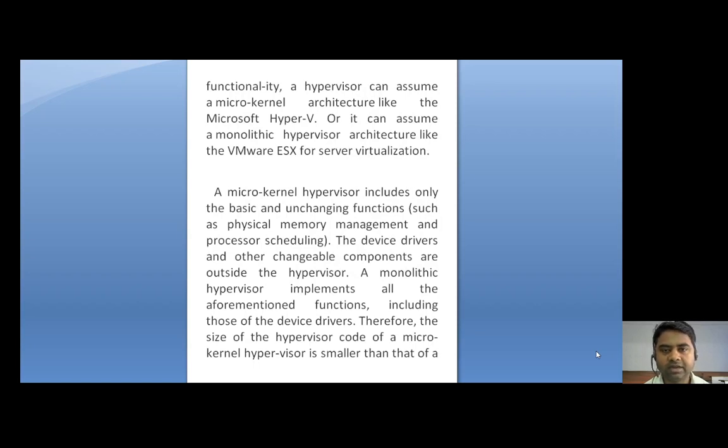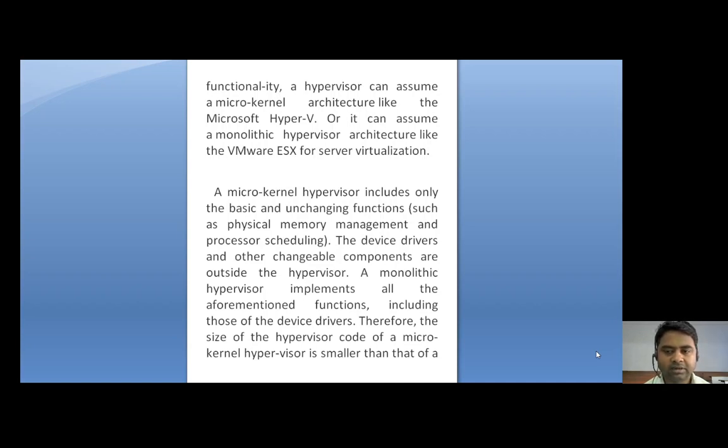Depending on the functionality, a hypervisor can assume a microkernel architecture like Microsoft Hyper-V, or it can assume a monolithic hypervisor architecture like VMware ESX for server virtualization. A microkernel hypervisor includes only the basic and unchanging functions, such as physical memory management and processor scheduling.